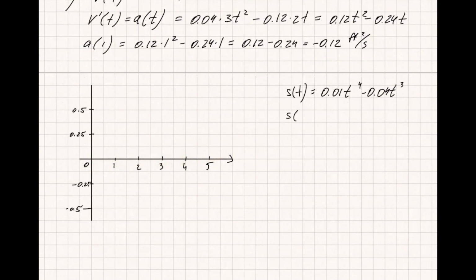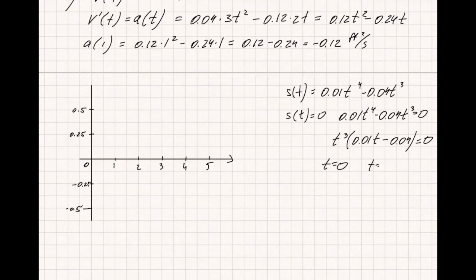So s of t equal to 0, we have 0.01 times t to the fourth minus 0.04 t cubed equal to 0. T cubed times 0.01 t minus 0.04 equal to 0. So t equal to 0 or t equal to 0.04 over 0.01, which is 4 seconds. So I can put a point at 0 and at 4.